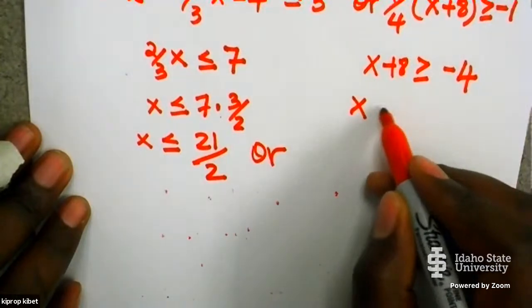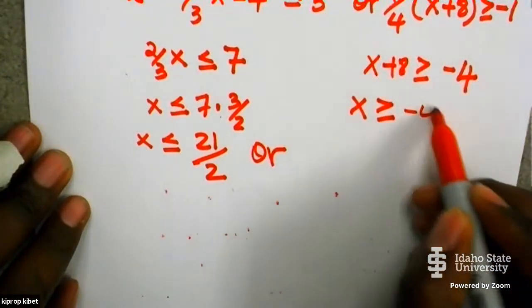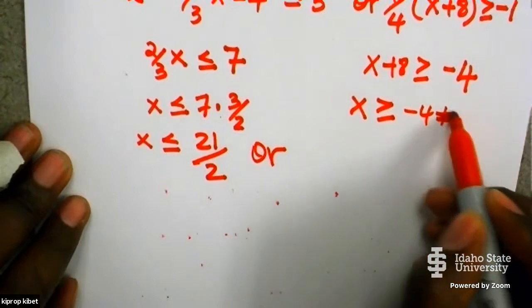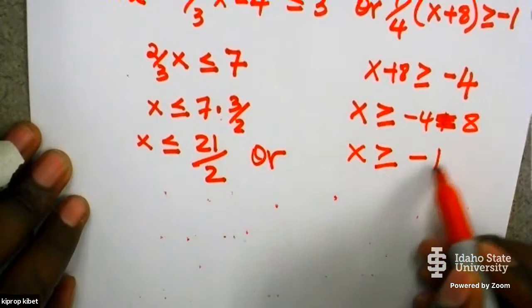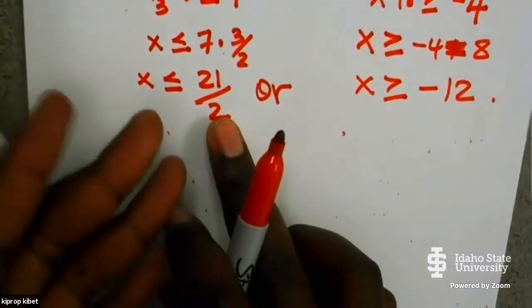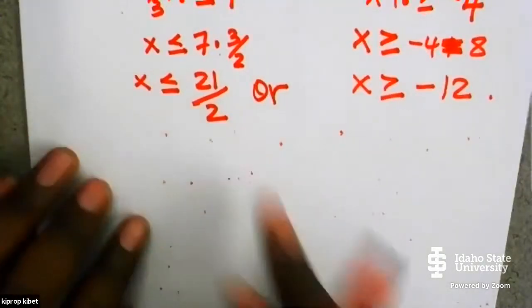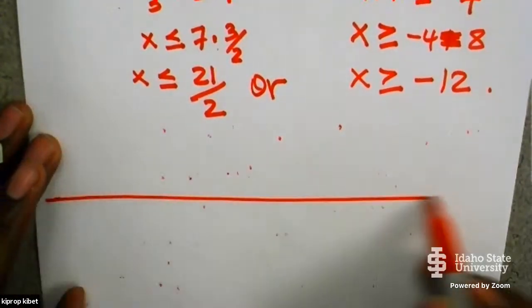So you take 8 to the other side: x greater than or equal to negative 4 minus 8. So x is greater than or equal to negative 12. So this is like 10.5, right? Yeah. So now you draw the number line.